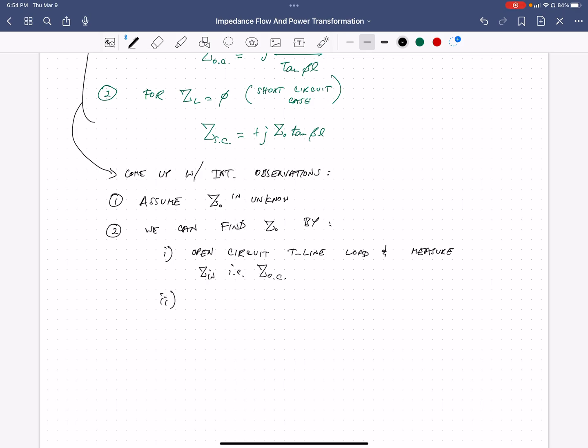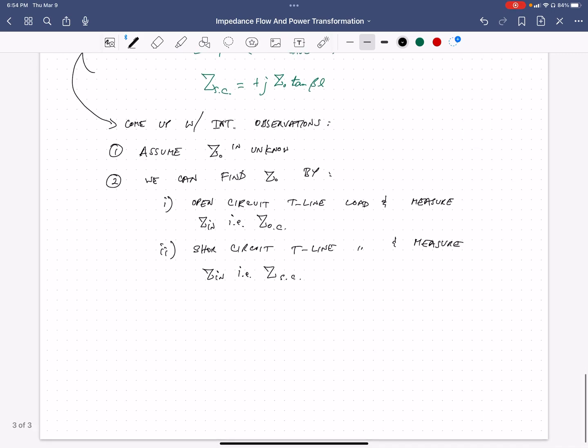And then the second thing is we can short circuit the T-line load and measure Z in. That will be the Z short circuit.